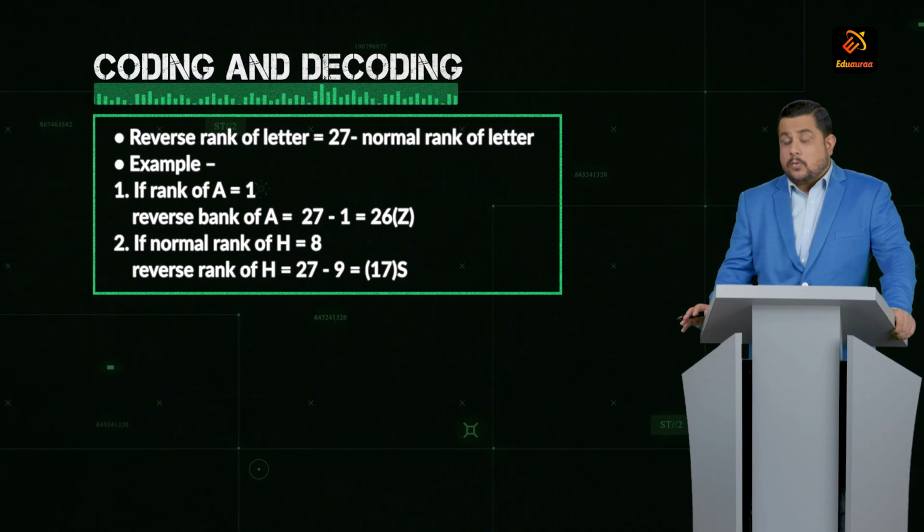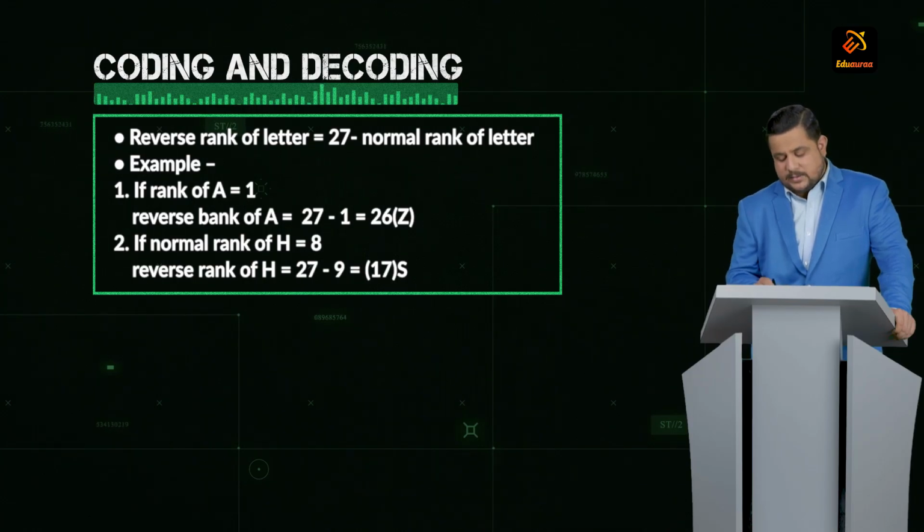Now, 8 is there, but what is the reverse alphabetical ranking? 27 minus 8, so we get 19. And 19 is the rank of S in the normal alphabet. So the reverse ranking of H will be 19, and the opposite letter will be S. S and H are opposite to each other.